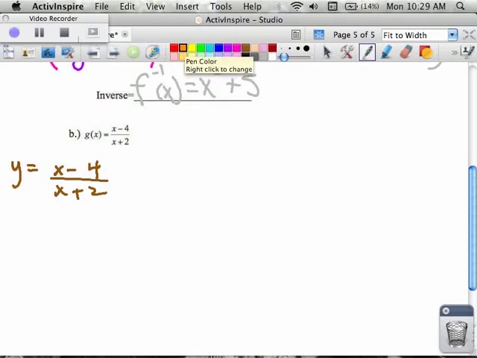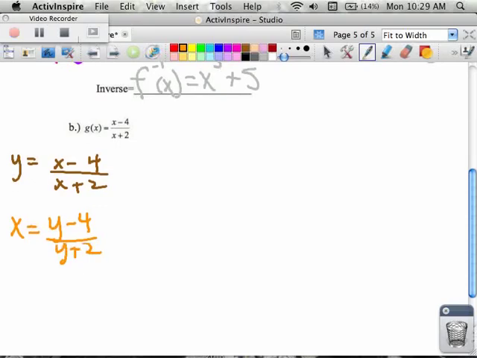So when I switch the x and the y, I now get x equals y minus 4 all over y plus 2. The bummer is, since I have a fraction, I'm going to get rid of that fraction, and I have 2 y's, so I have to figure that out as well.